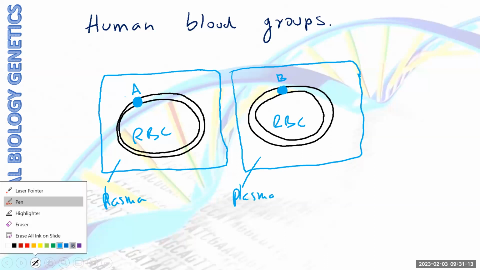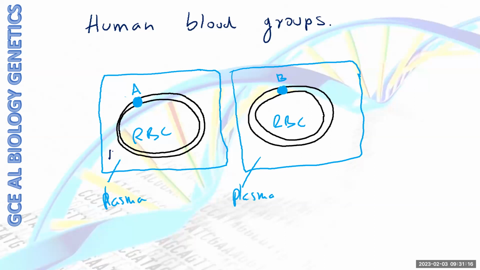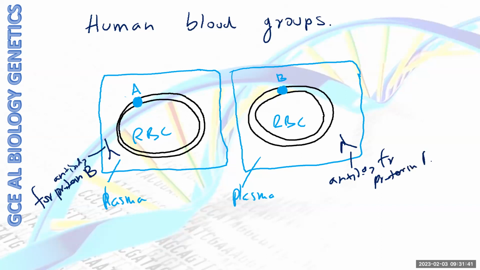One has the antibody for protein B, and the other has the antibody for protein A. So plasma has antibody for protein A and B.